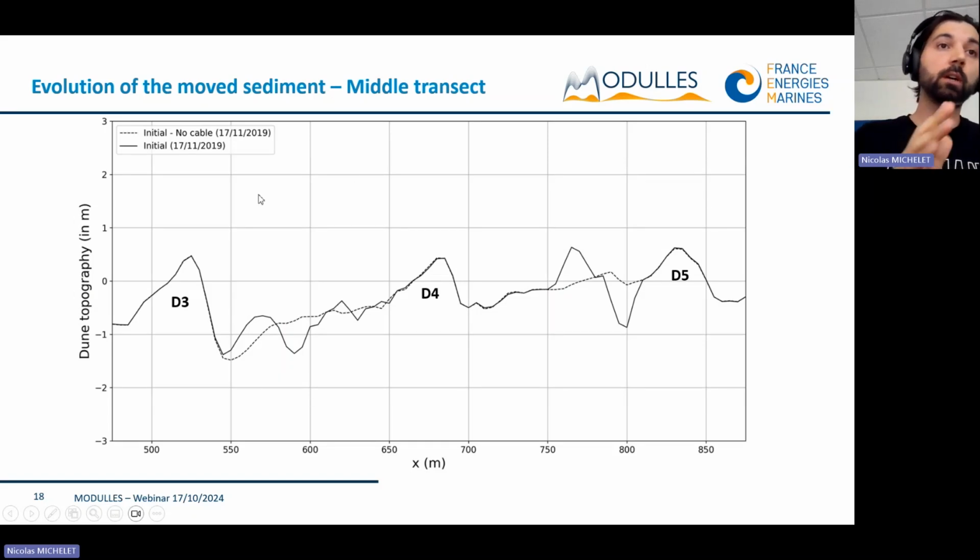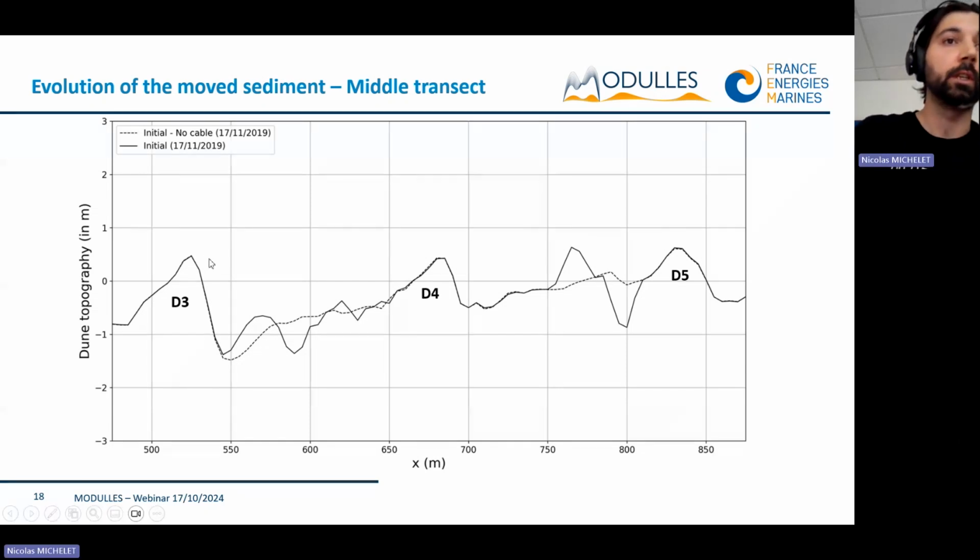Just to let you know, I will not talk about bathymetry on these figures, but of dune topography. A simple way to understand that is when you have positive values, you are around the crest of the dunes. When you have negative values, you are around the trough area of each dune.